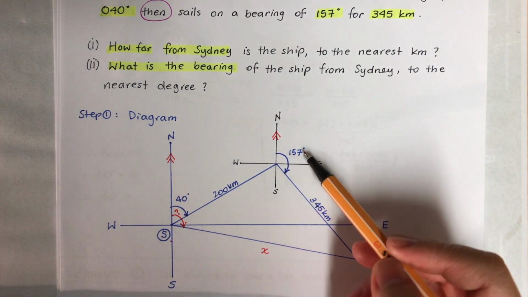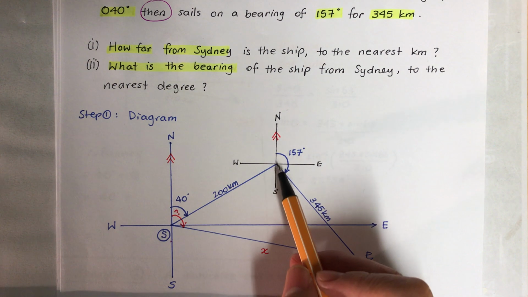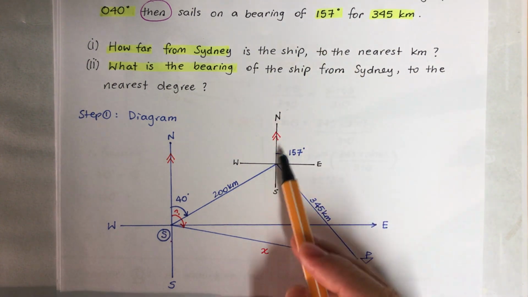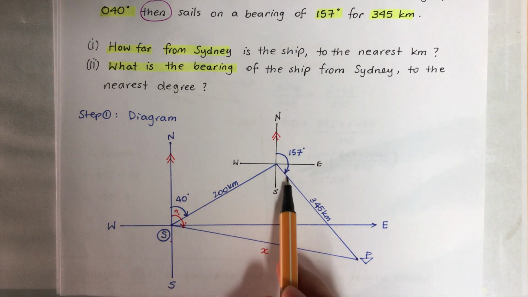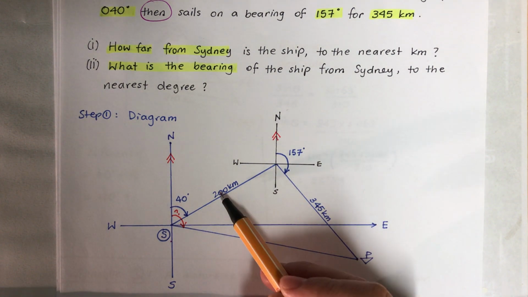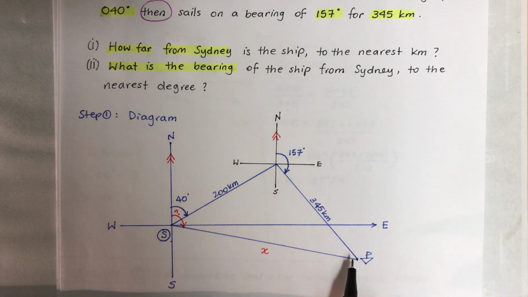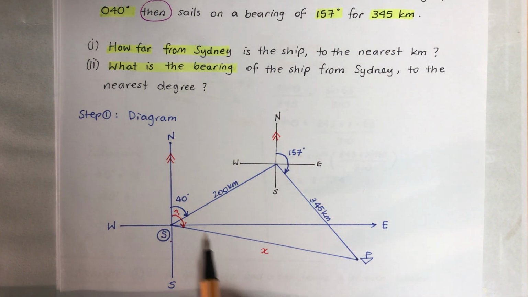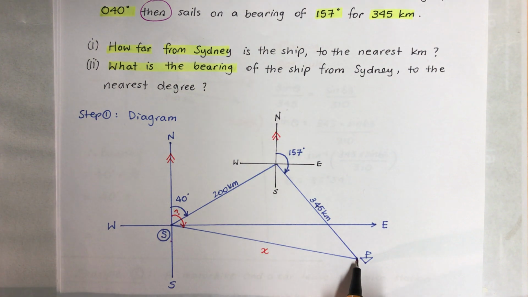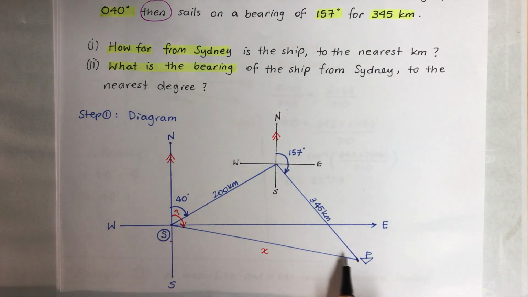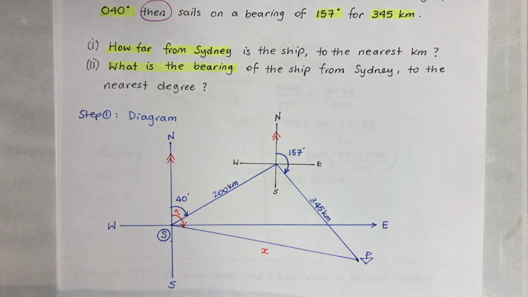So two bearings were happening. The next one was 157 degrees from true north, and the distance for the second one is 345 kilometers, and we join them together because it asks how far from Sydney to where the boat is. So that's x. I'm just going to put x as the distance.